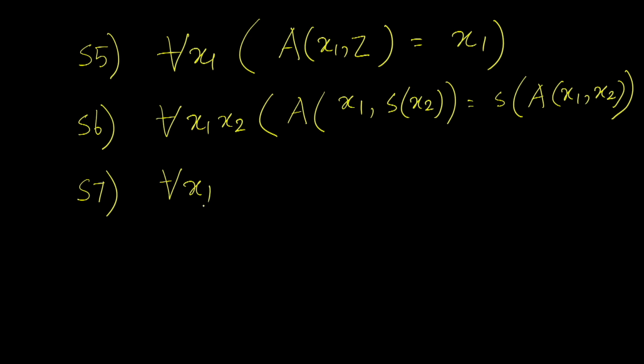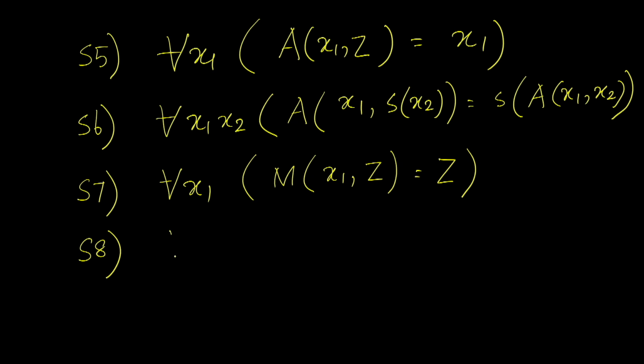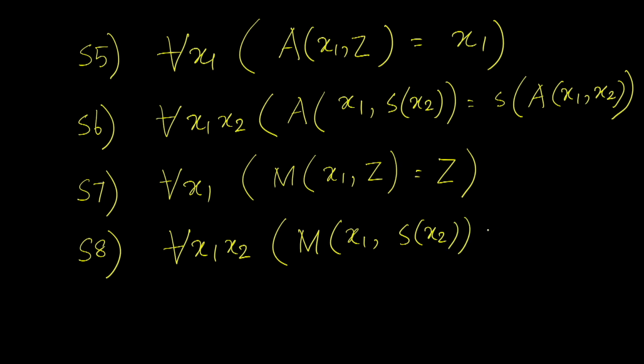In the seventh axiom, we assert that for every x1, the m function applied on x1 and z will give us z. The eighth axiom says that for every x1 and x2, m on x1 and the successor of x2 is the same as a applied on m on x1, x2 and x1.